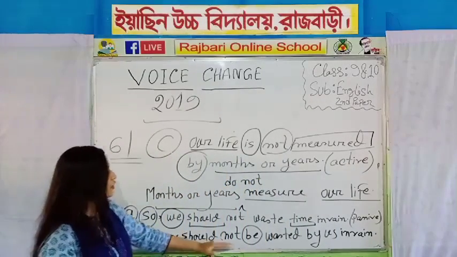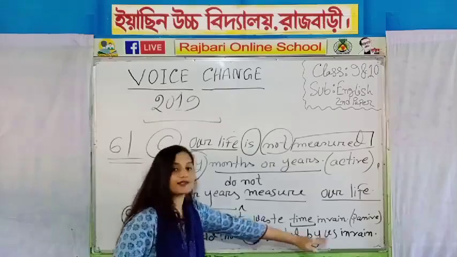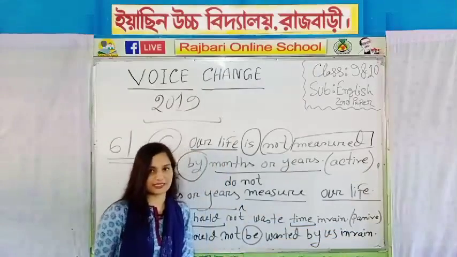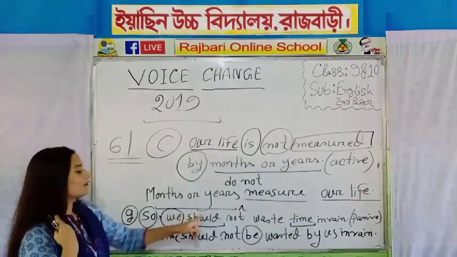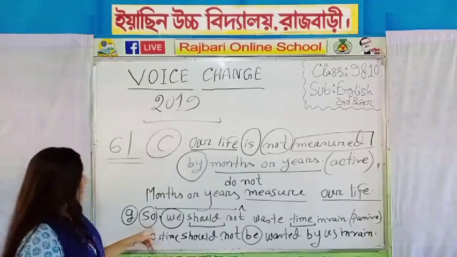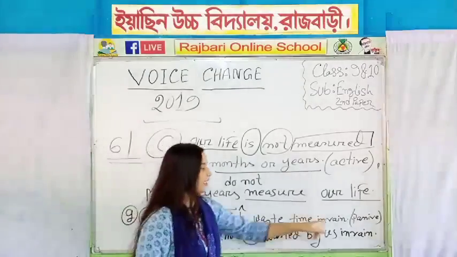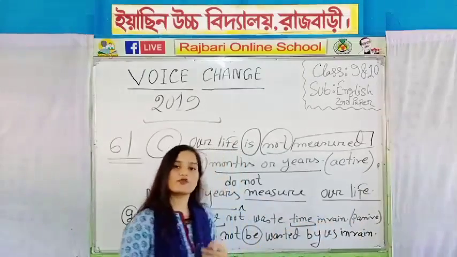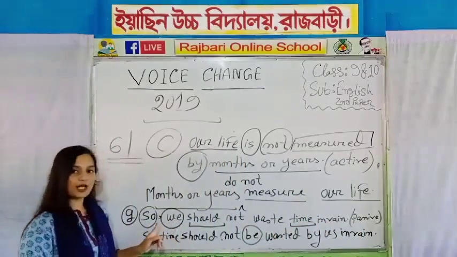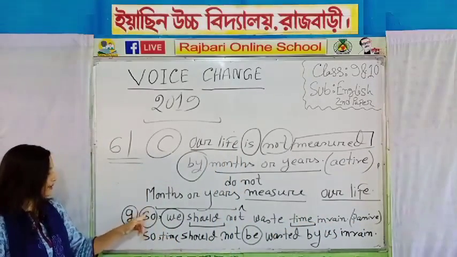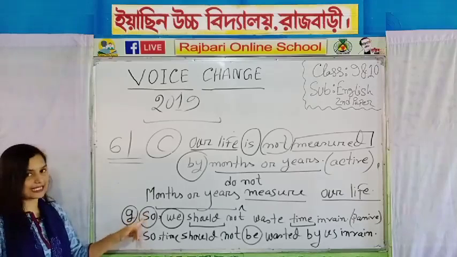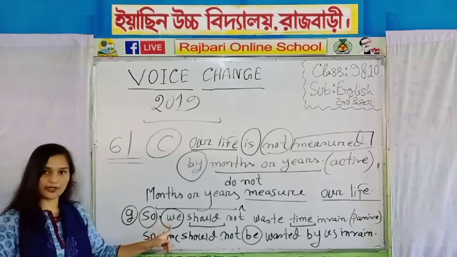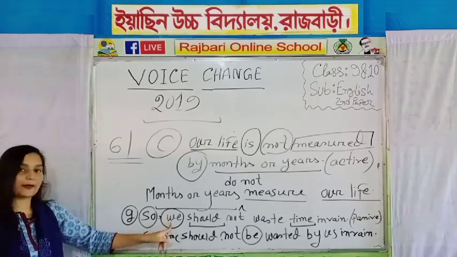Now see the sentence. So time should not be wasted by us in vain. See how simple it is. So let me recap. This sentence was in active voice, and you have to do it in passive voice. So what we did at first, we placed so here as it is, then we identified the subject and made the subject into an object.